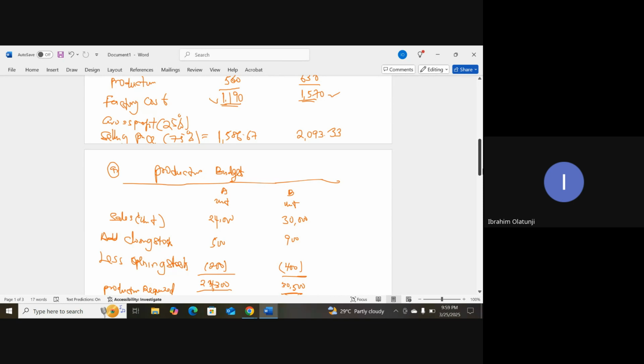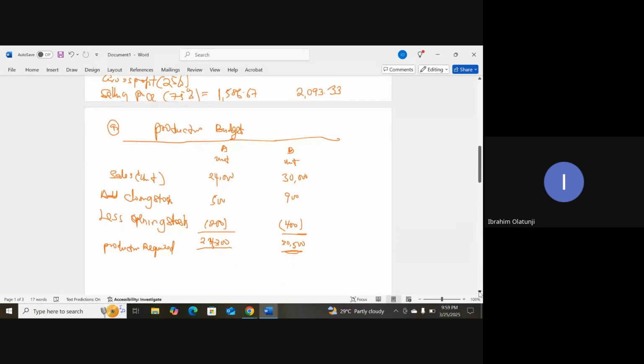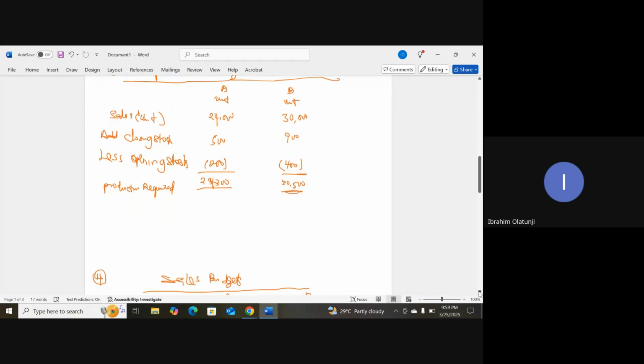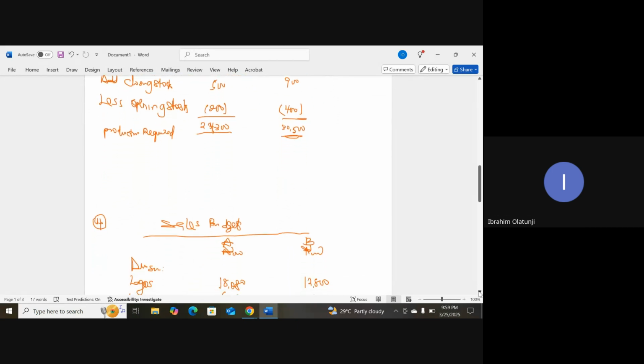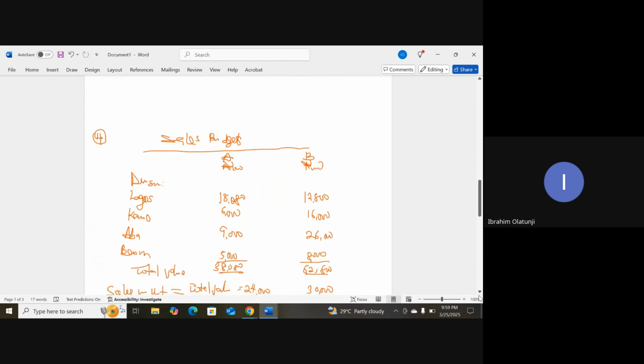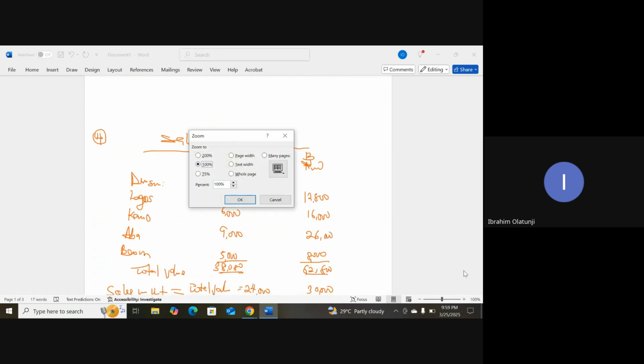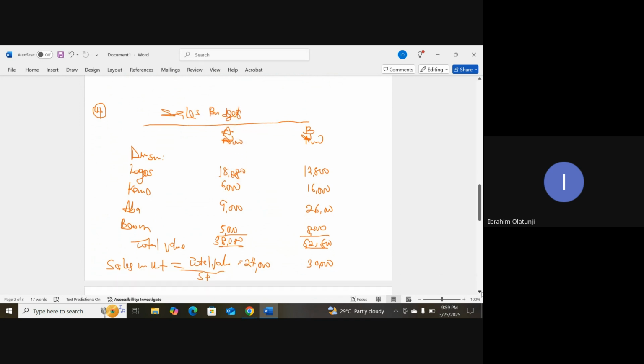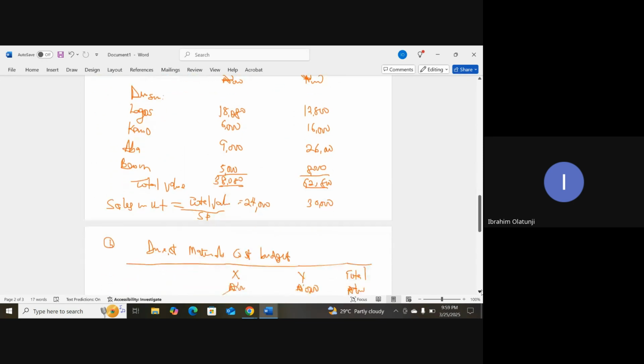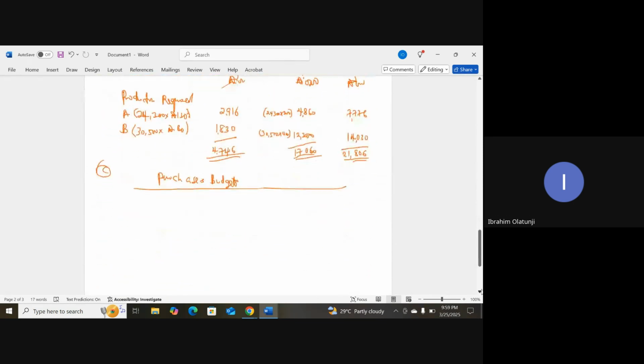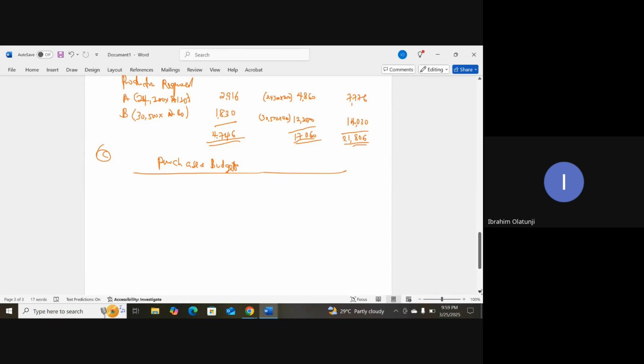After getting the production requirements, we should calculate the material cost budget, that is, how much the material costs us. And you've done that. Purchases, in terms of cost, that's what we do at material cost budget.